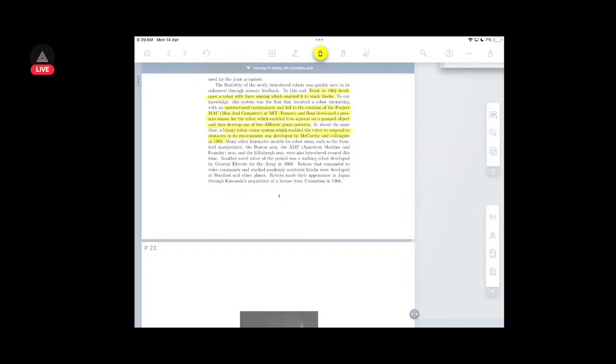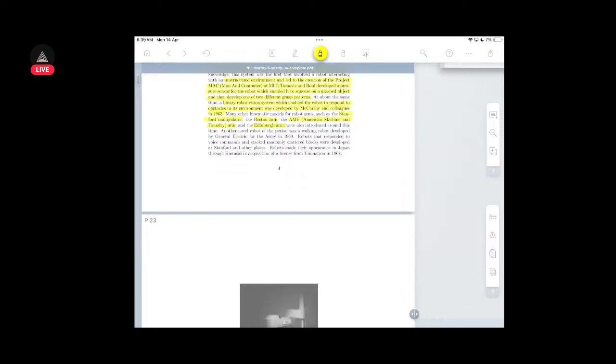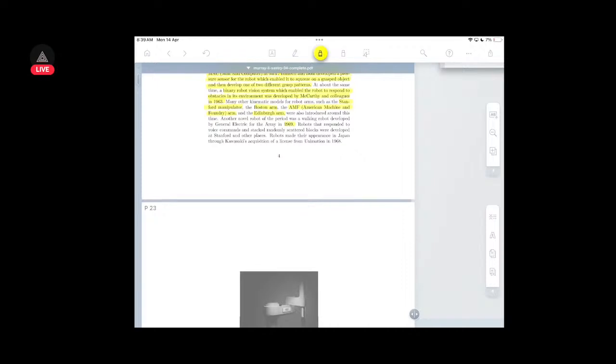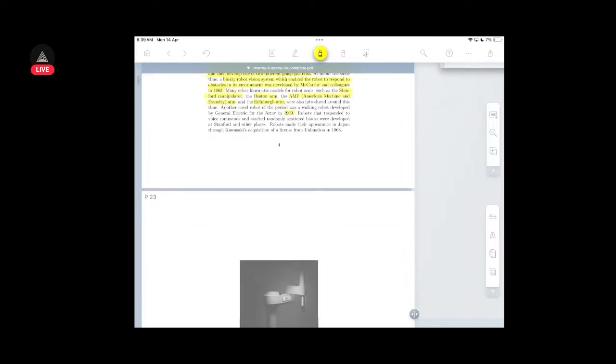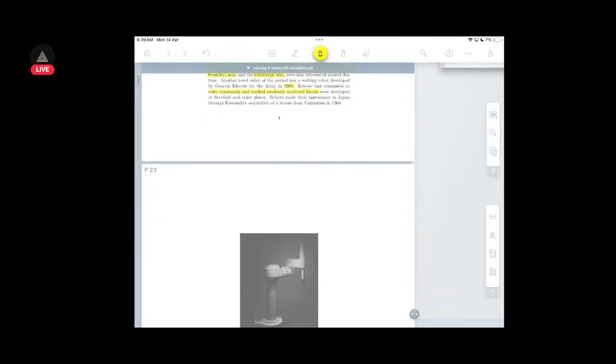The Stanford manipulator, the Boston arm, the AMF (American Machine and Foundry) arm, and the Edinburgh arm were also introduced around this time, in 1968. They can listen to voice commands and stack randomly scattered blocks, and they can do all that stuff.